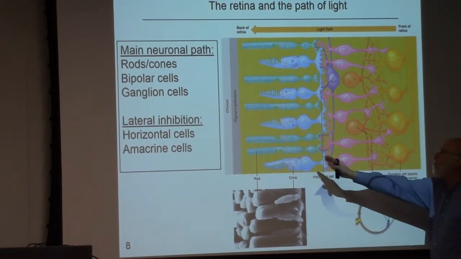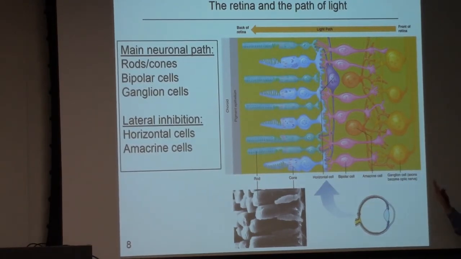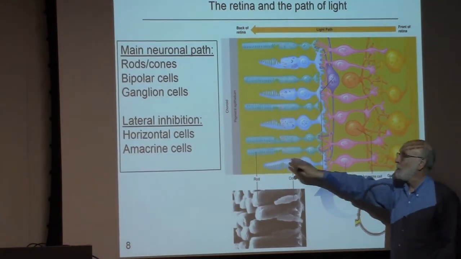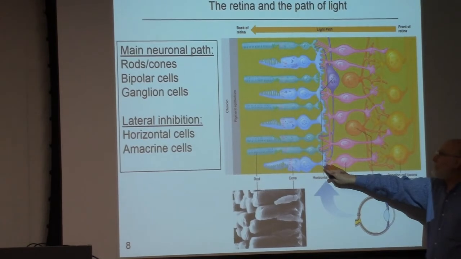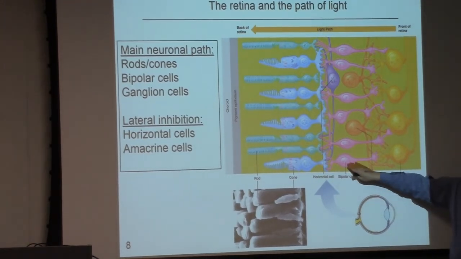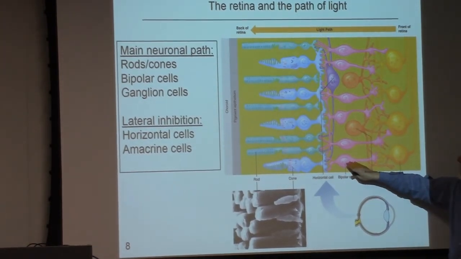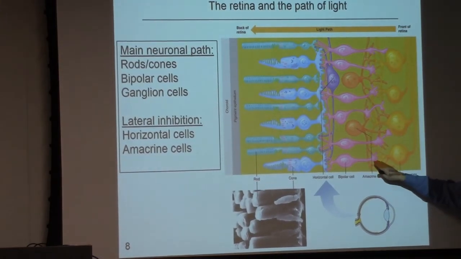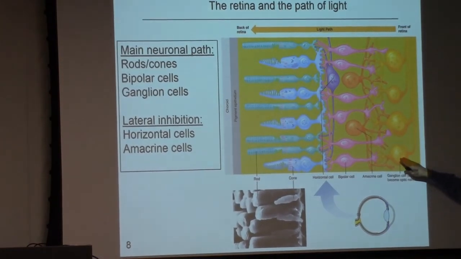So there's a through pathway, and then there's lateral inhibition. The through pathway is rods and cones transduce, synaptic information is passed on to bipolar cells. Bipolar cells process that information. Synaptic transmission to ganglion cells.